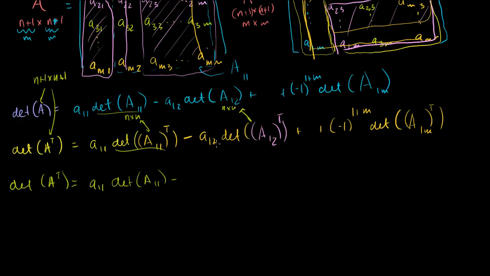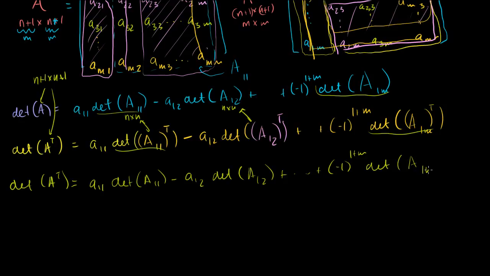And then you keep going. Minus A sub 1,2 times the determinant. Instead of writing this, I could write that because they're equal. Determinant A sub 1,2, all the way to plus minus 1 to the 1 plus m times the determinant of this. These two things are equal. That is equal to that. That was our assumption in this inductive proof.